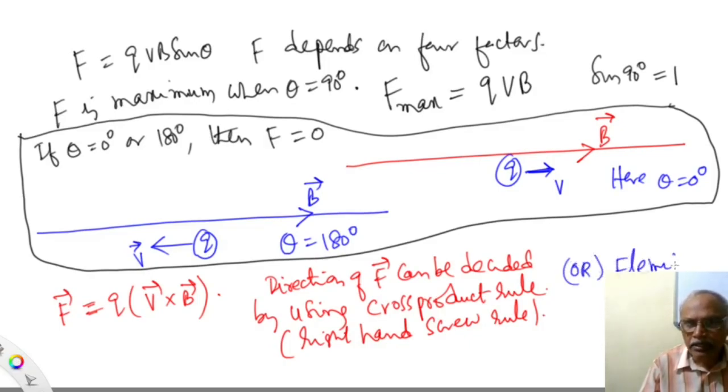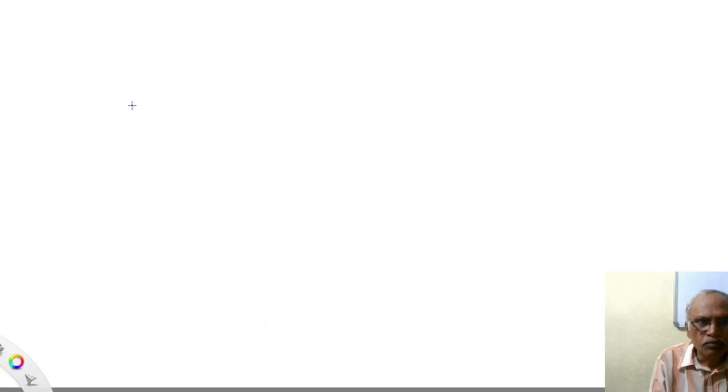We can decide the direction of force by using Fleming's left hand rule. For example, imagine the surface of a table, a plane surface.